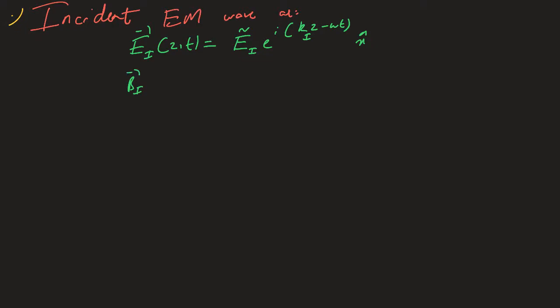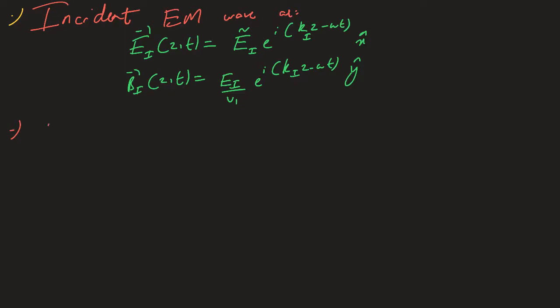B incident of z, t is equal to, in terms of E, it's just E incident over v1, which is the velocity in medium 1, e to the i of k incident z minus omega t. The direction is the y-axis because it's k cross x. So if you do z cross x, it points in the positive y direction. So it's y hat. So that's your incident electromagnetic wave.